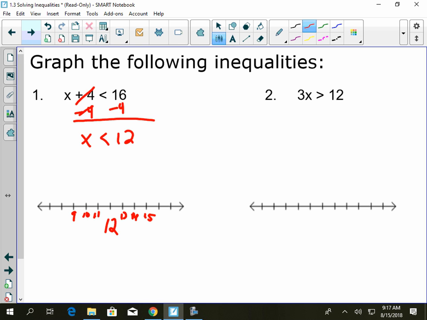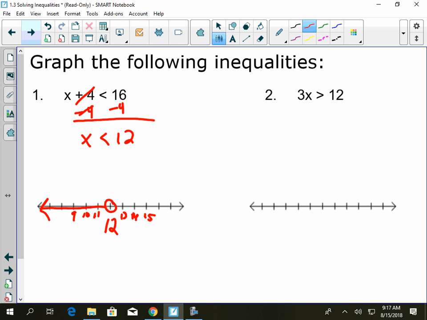You don't have to do that. I'm just showing you. If it's smaller, which way am I going to go with my arrow? Always go to the left if it's smaller. Am I going to use an open dot or a closed dot? Open, because it doesn't include the 12. So then I just go like this. Make an arrow. You're done.